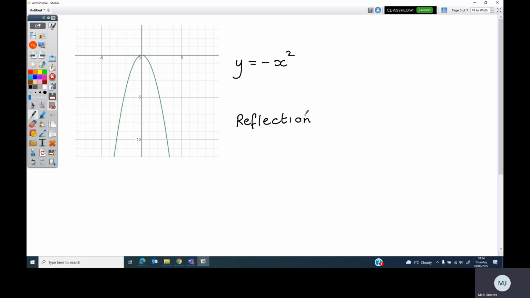So it's a reflection in the x-axis. There's x and there's y. So instead of a happy face, it's a sad face, upside down. That's what this negative does. The negative there tells you it's reflected in the x-axis.